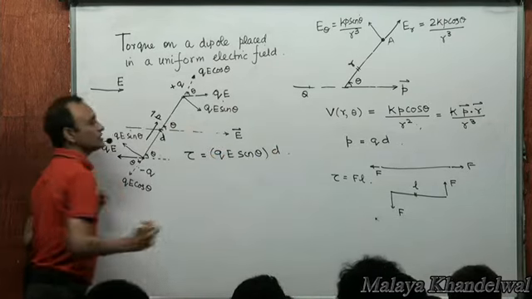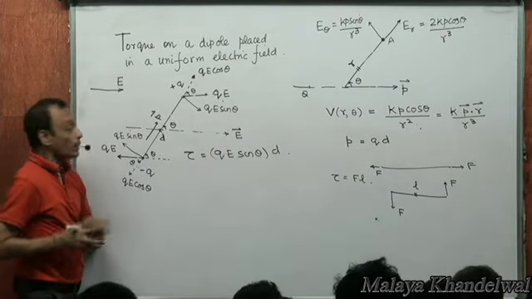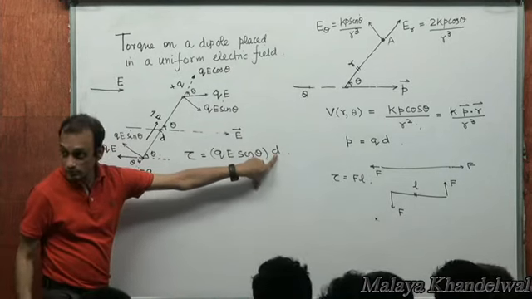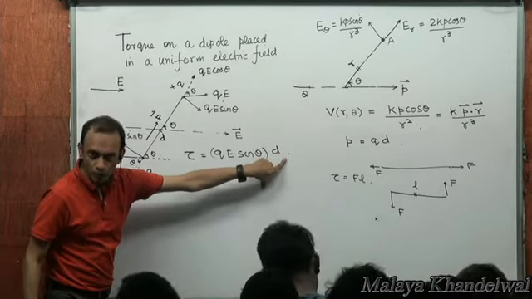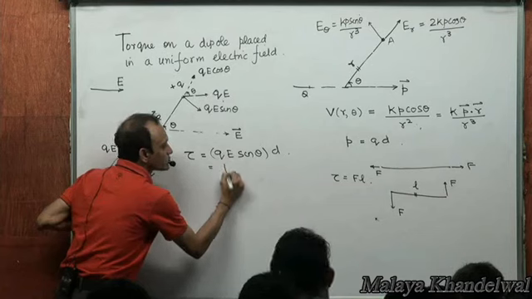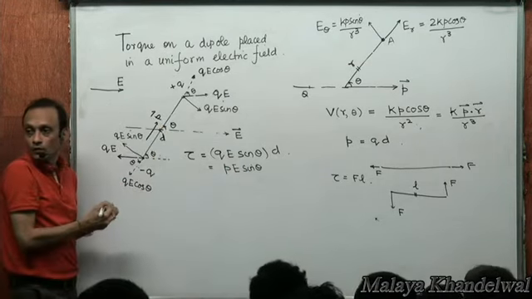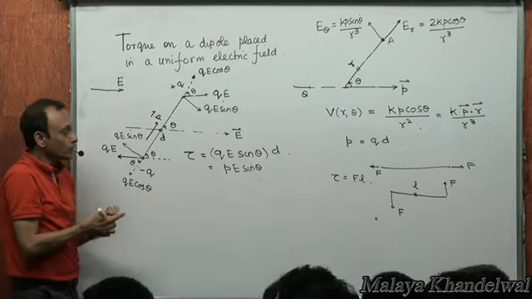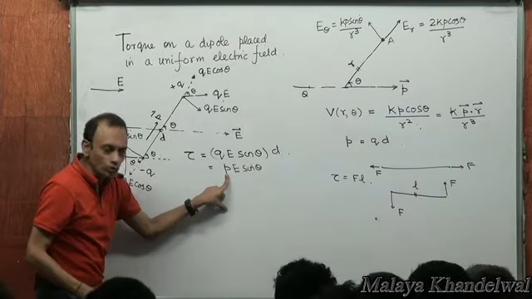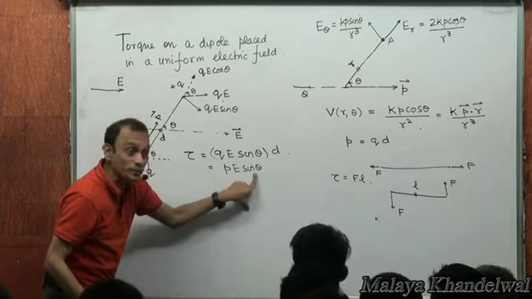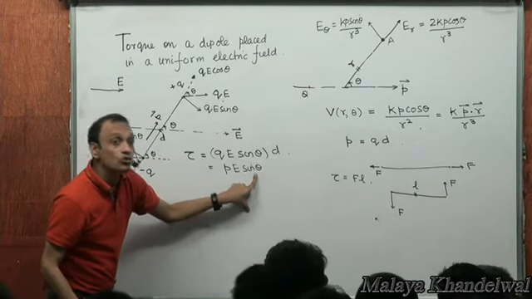But what is q into d? The dipole moment. q into d is the dipole moment, p. So that's like pE sin theta. No, confused? q into d replaced by the dipole moment of this arrangement into E sin theta. So pE sin theta. Yes or no?